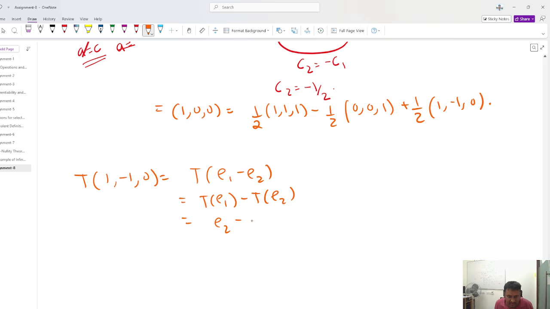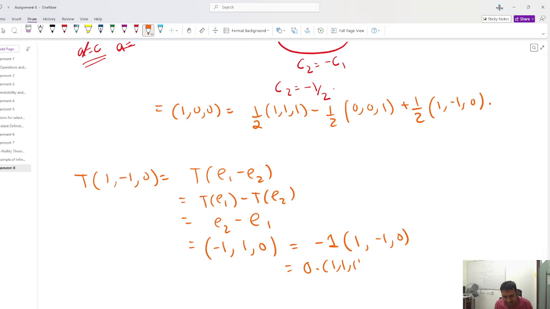So it is E2 minus E1. So what is it? Minus 1, 1, 0. Well, this is nothing but 0 into 1, 1, 1, scalar multiplication, plus 0 into the second vector plus minus 1 into the third.